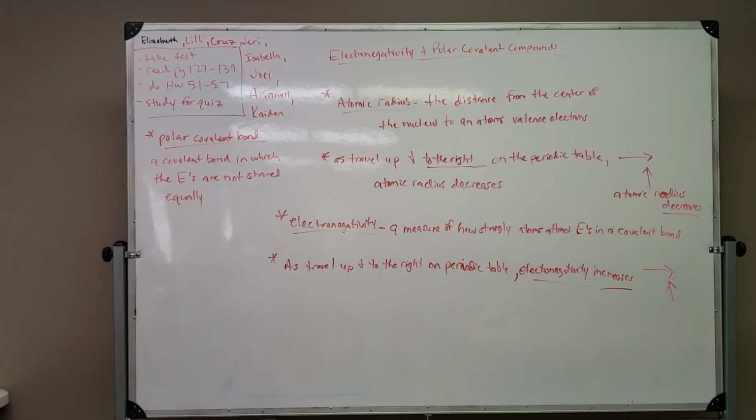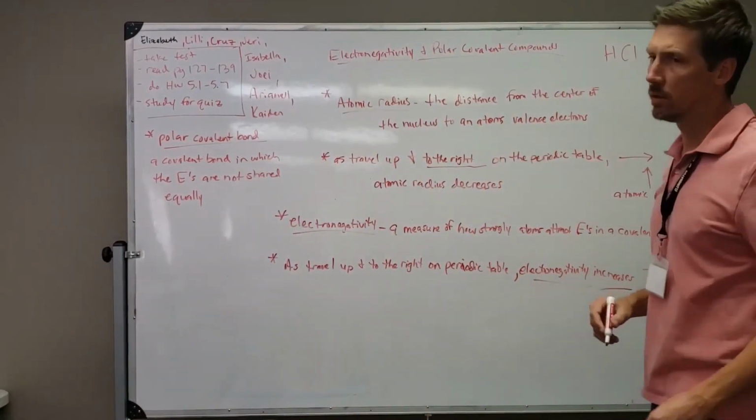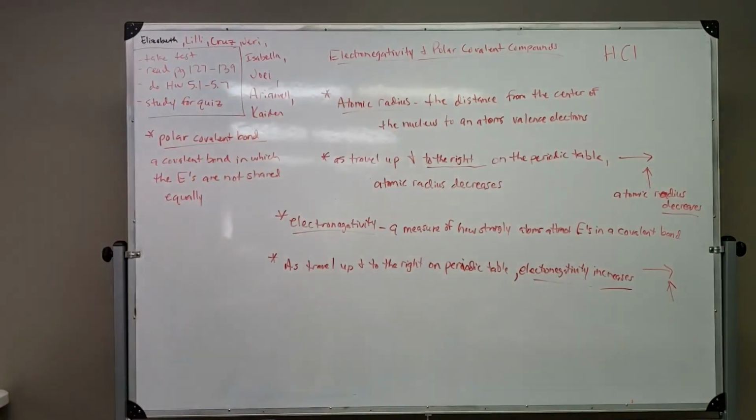So, if we have a compound like HCl, which is the example that they used in the book, H is at the very tip top of the periodic table, but it's on the far left, right?